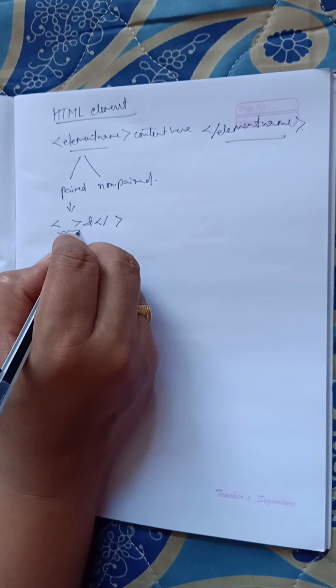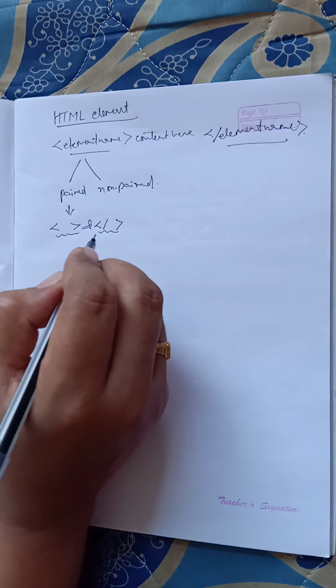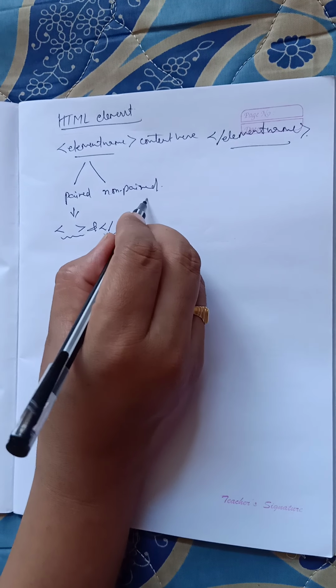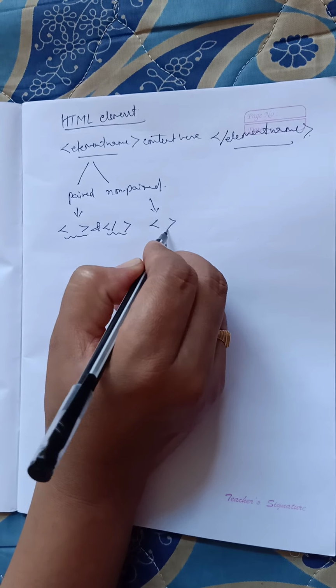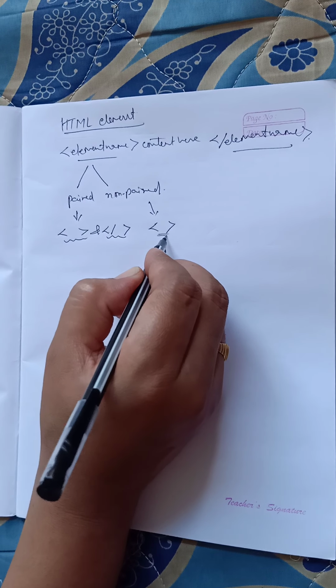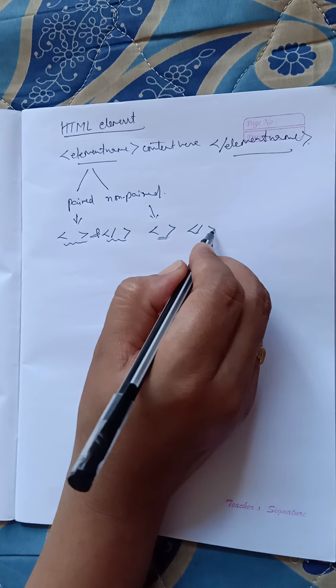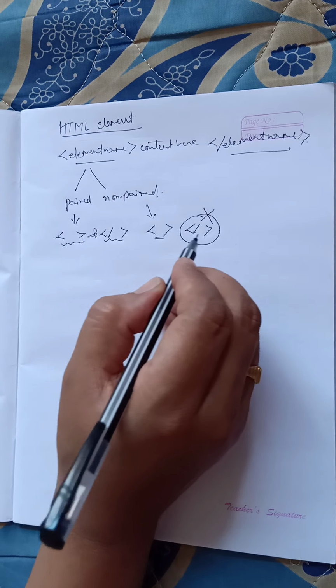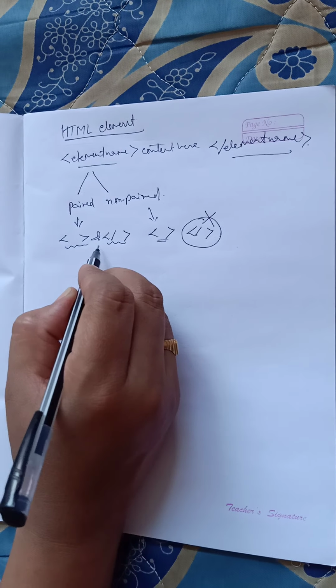This is my opening tag, this is my closing tag. If both are used, then we say that is a paired tag. In case of a non-paired tag, we only use the opening tag. My closing tag is not used. This is non-paired, this is paired.